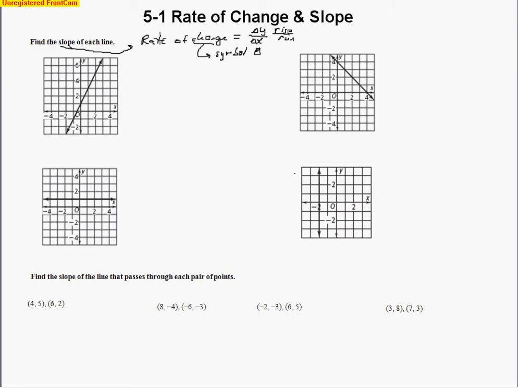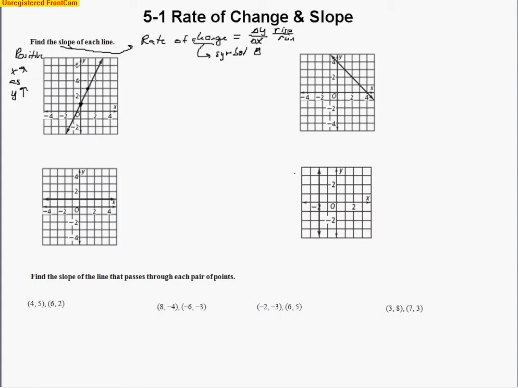There are four different types of slope, and we see each type here. This type is a positive slope. Whenever our values of x and y both increase, x increases as y increases. If I start at a point, like right here, I can see that the y values are increasing by 2 as the x values increase by 1.